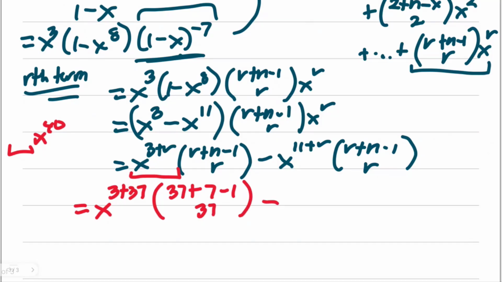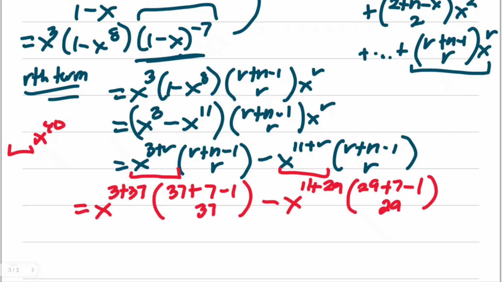For our second term, it should not be 37 because this should match 40 as well. So what we need here is actually 29. So you have x to the power of 11 plus 29. Our r is 29 now. 29 plus 7 again, minus 1, combination 29.